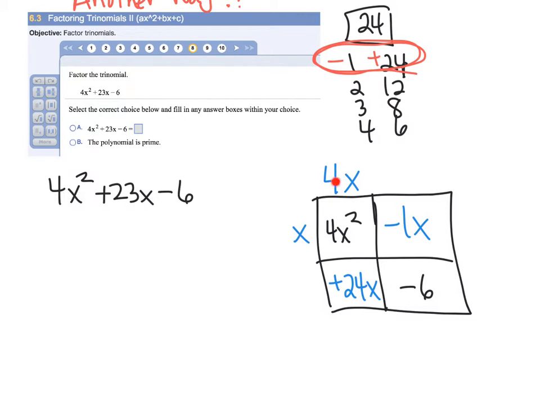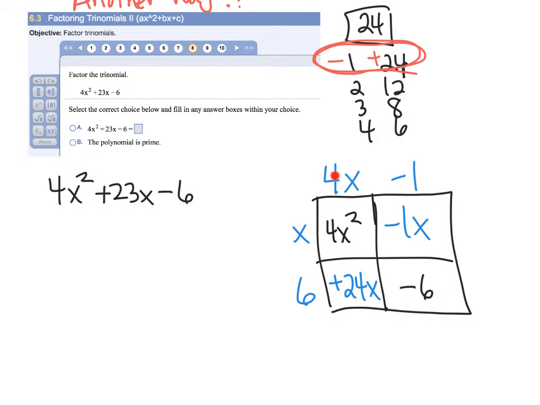Now, if this guy has to be a 4, then what does this number here? Well, 4 times what gives us 24? Well, that makes this a 6. All right. Well, if we know that this guy has to be a 6, then what does this guy have to be? Well, if we want negative 6, that means this guy up here has to be a negative 1. And so now we have our answer.